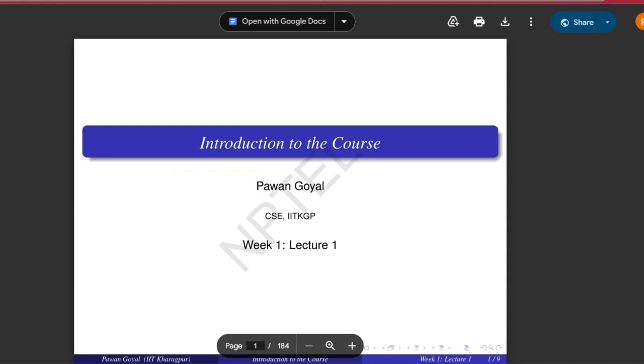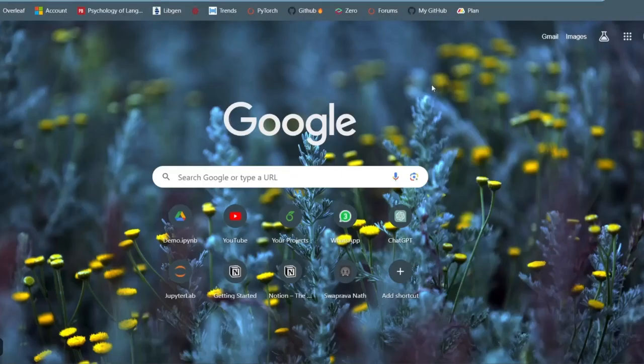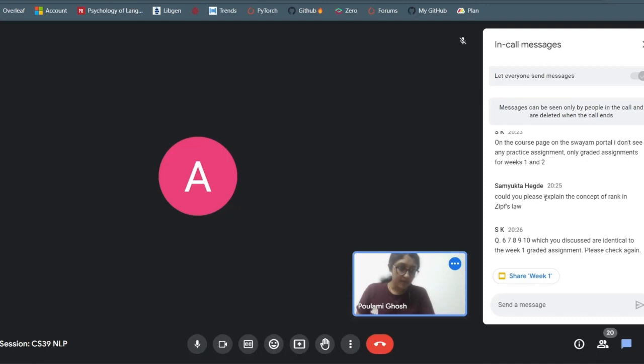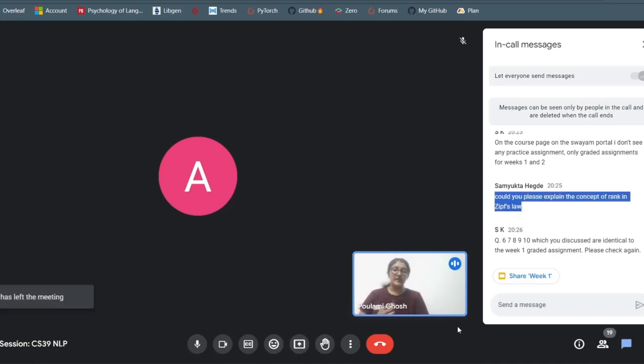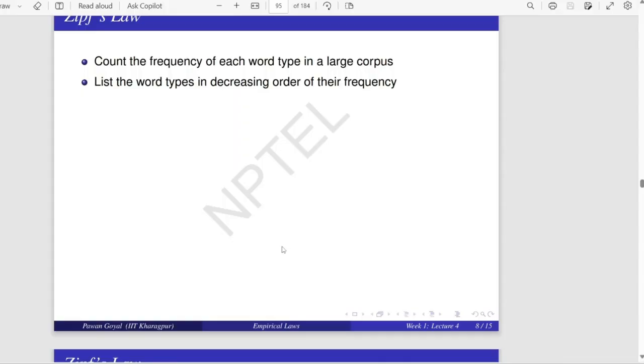So the question was, what is the idea of rank? You would have a corpus. In that corpus, you count the frequency of each word type, so here we consider the unique words. Given a corpus, we first find the unique words.